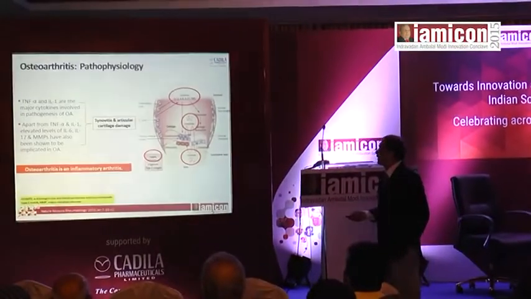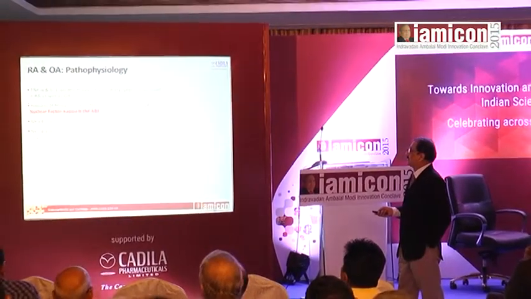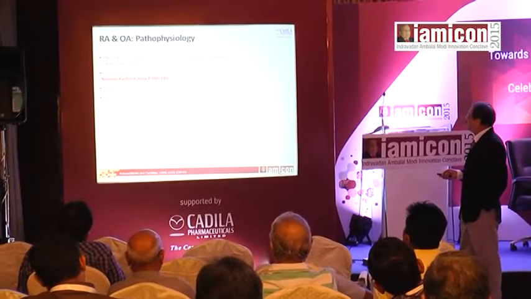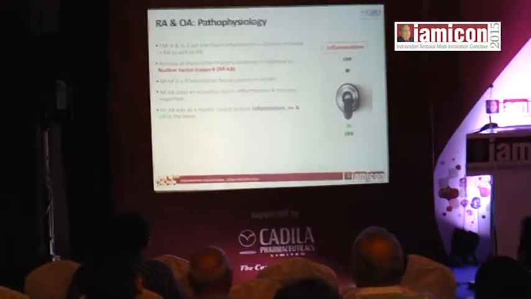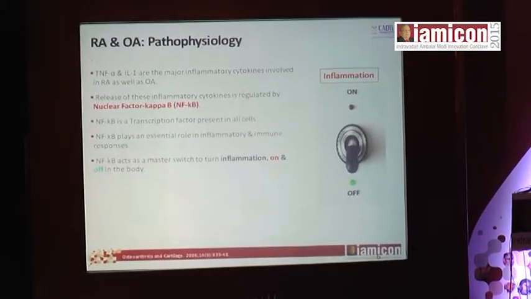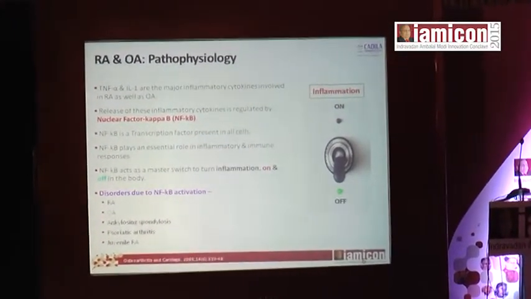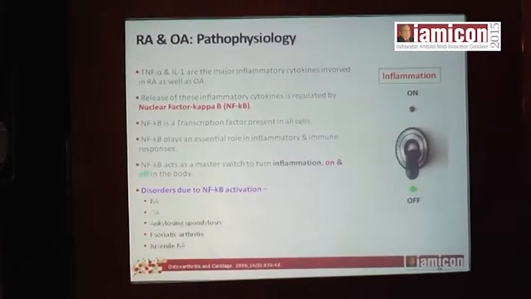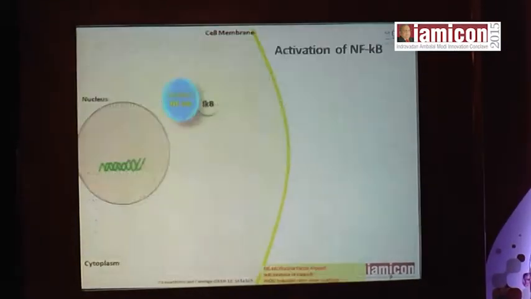It is an inflammatory arthritis, and TNF-alpha is the mediator for cartilage damage, and ultimately nuclear factor kappa B is released. This is important because it acts as a master switch to turn the inflammation on and off, and that is the crux of the pathogenesis, because it takes part in the disorders leading to various spondyloarthropathies, rheumatoid arthritis, psoriatic arthritis, etc. So it is the main pathogenesis.